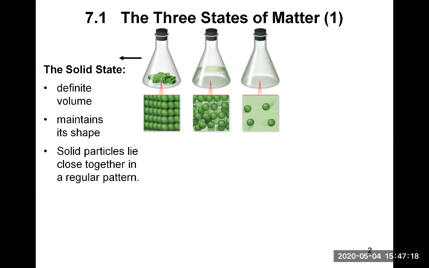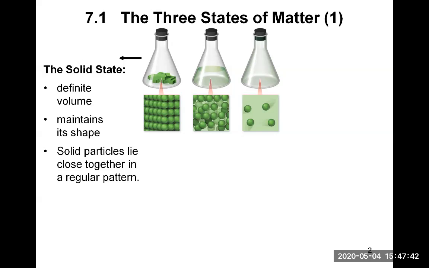So at the molecular or atomic level, it looks like the picture on the left, where all the green balls are packed together and you see a pattern. It's organized, ordered.